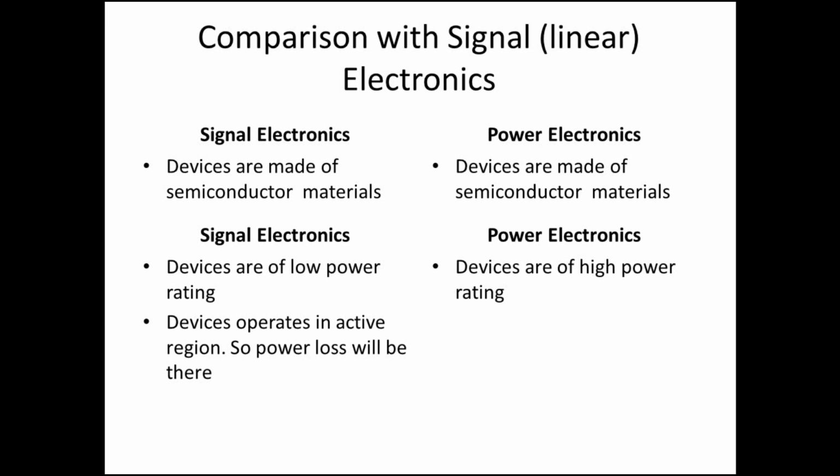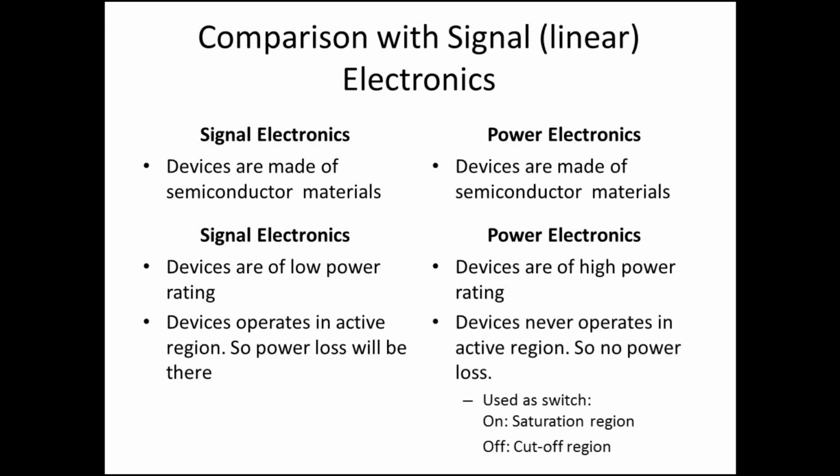But in power electronics we use it as a switch, either in on or off mode, that is, in the saturation region or the cutoff region. In saturation, the current is maximum and the voltage is 0. In cutoff, there is no current. So in both cases the power is 0, and it never operates in the active region, so the power loss is 0. That is the difference between signal electronics and power electronics.